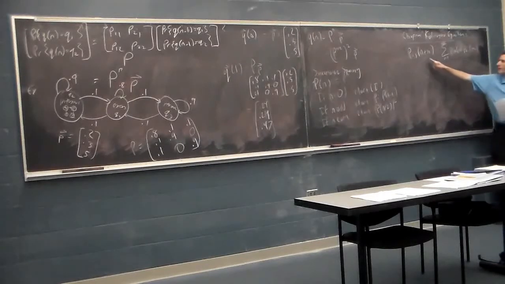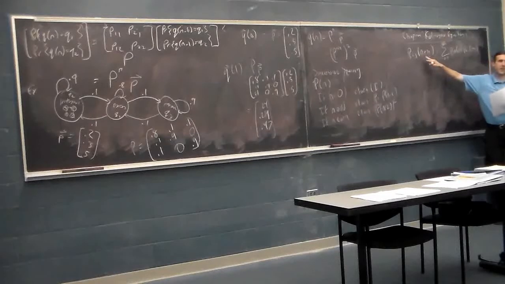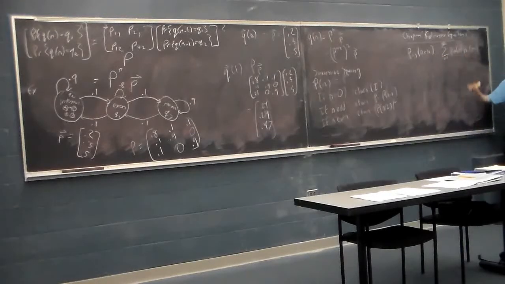And that works no matter how we split n plus m into two integers. It could be 1 and n plus m minus 1, or 2 and n plus m minus 2, however you split this. So that's just something to be aware of that will be relevant a bit later. Are there any questions about that?